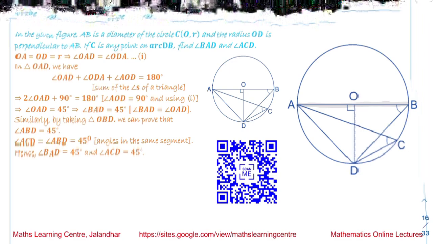Now in this figure we are given that AB is the diameter of the circle with center O. This O is the center of the circle, and AB is the diameter of the circle. If AC and BD are perpendiculars on the line PQ, and BD meets the circle at the point E, we have to prove that AC is equal to ED.